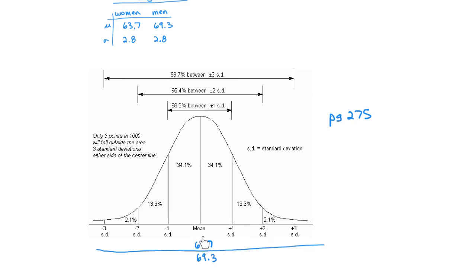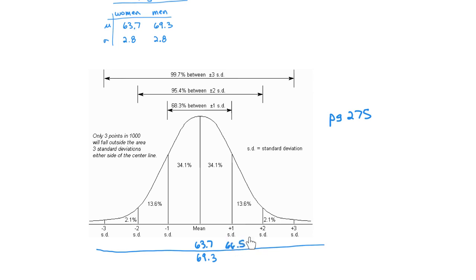So for an American woman who's 1 standard deviation above the mean, we just add 2.8. The standard deviation is 2.8 for both. So for 63.7 plus 2.8, I have 66.5. So that is like 5'6.5".